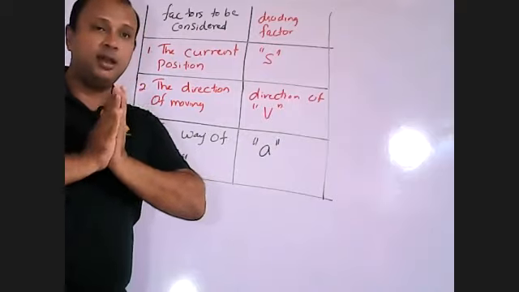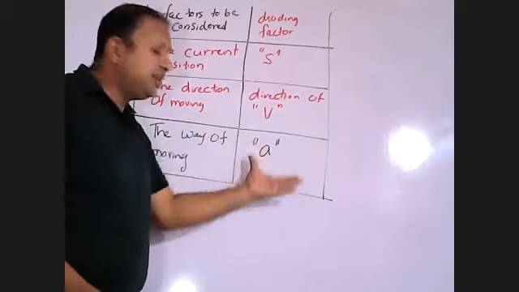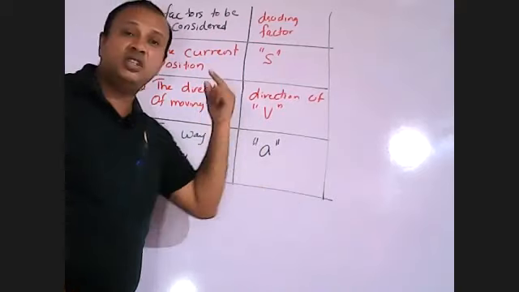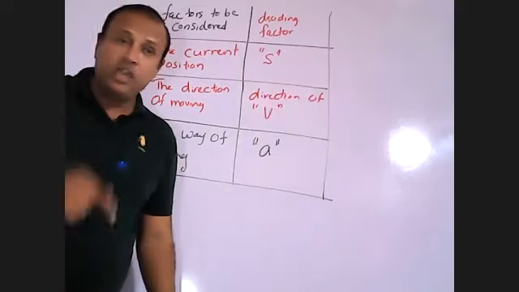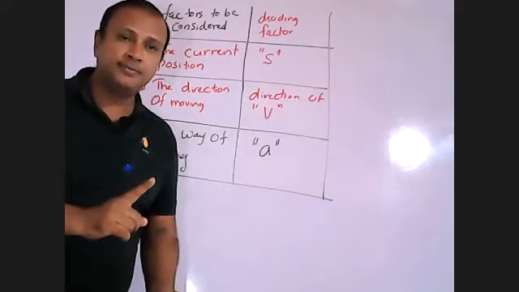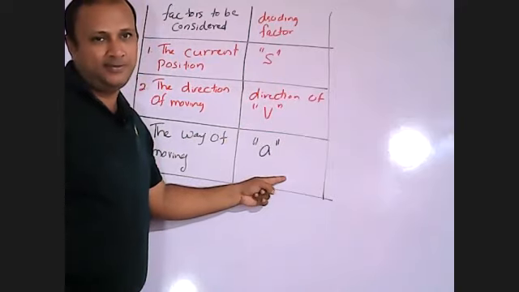These three factors depend on three vector quantities: displacement, velocity, and acceleration. Therefore, if you want to describe a linear motion, you should determine these three factors only.